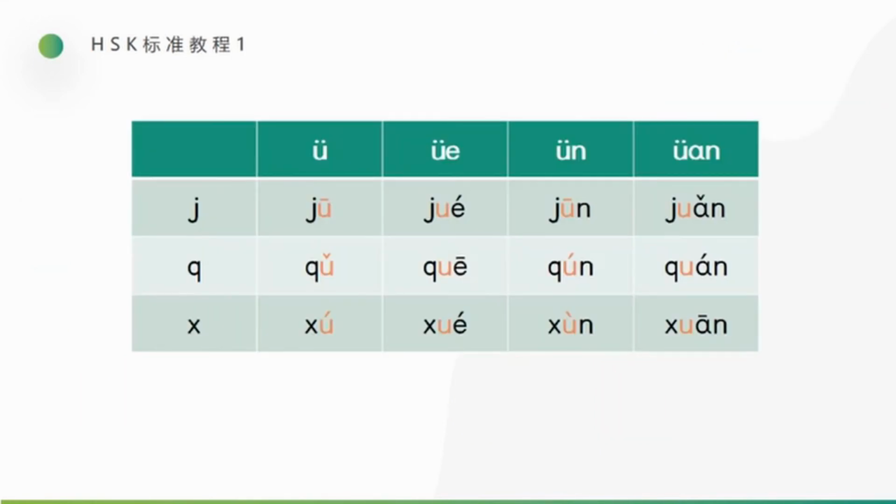Here are some finals headed by yu. Look at this. Let's read them together. 居，区，徐，约，绝，缺，学，晕，均，群，训，冤，卷，全，宣.